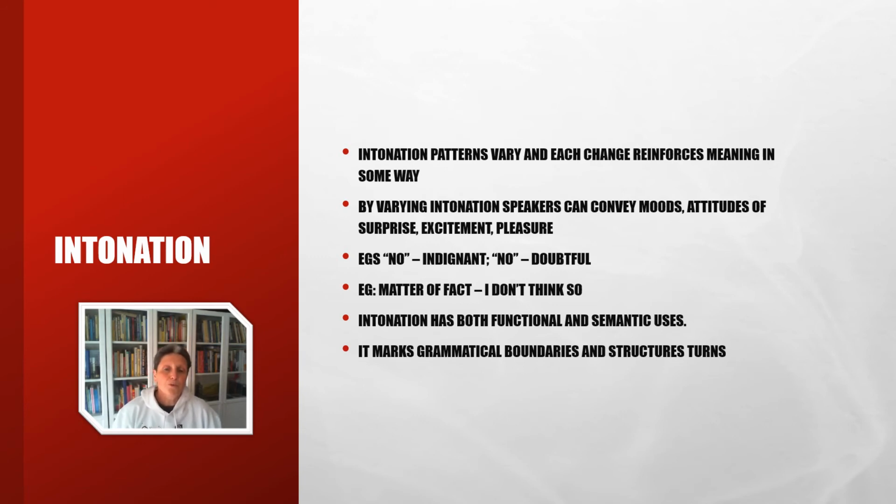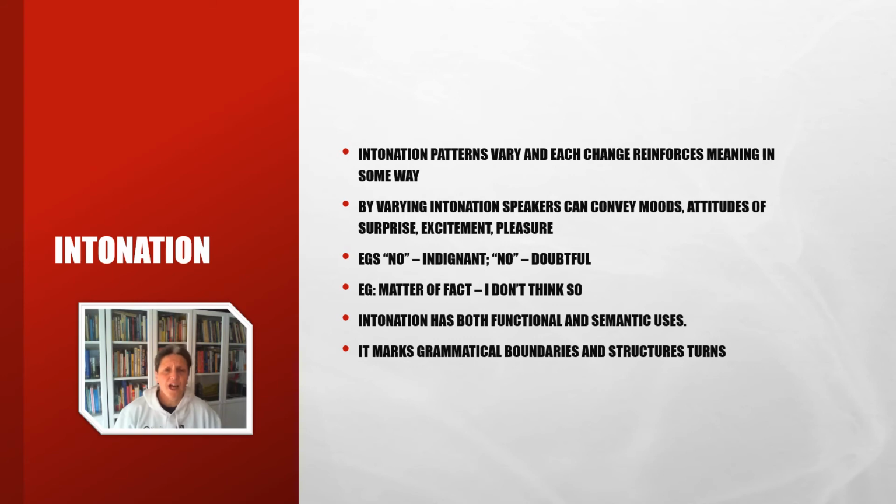So for example, the word no could be indignant, it could be doubtful, or it could be a surprise. No, really? Did that happen? So look at the words. The way the intonation is labelled there gives you an indication of how that word is said, and then that gives you an indication of what is meant by that word. So how is that word being used?